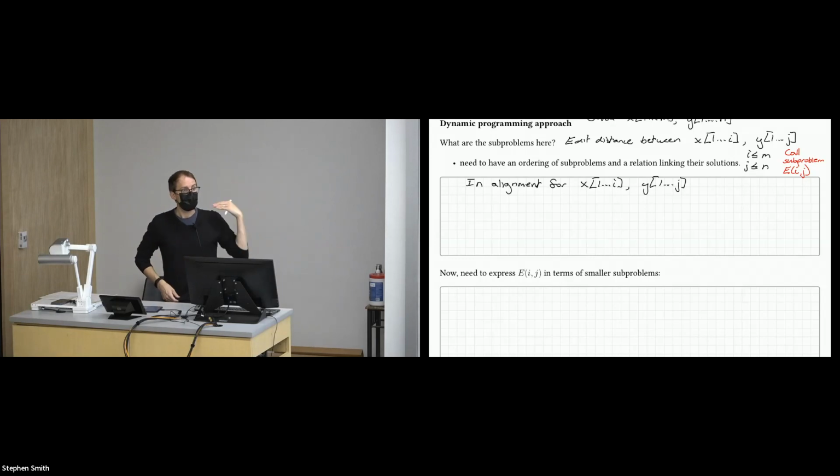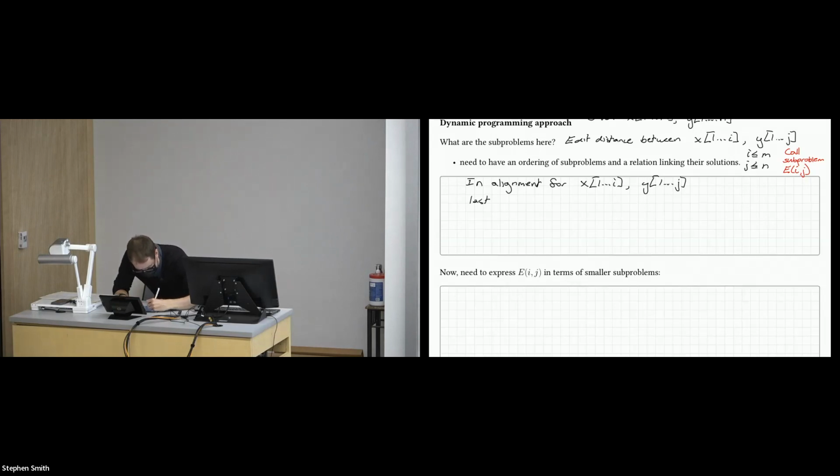And then what remains is going to be another subproblem. So the last column will be, option one, that I put xi over a blank.